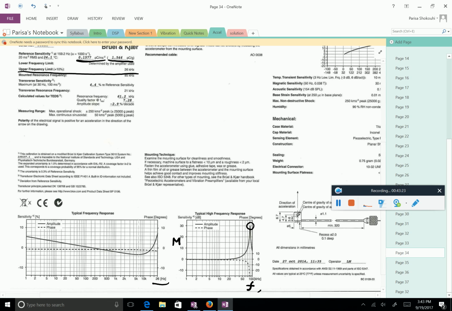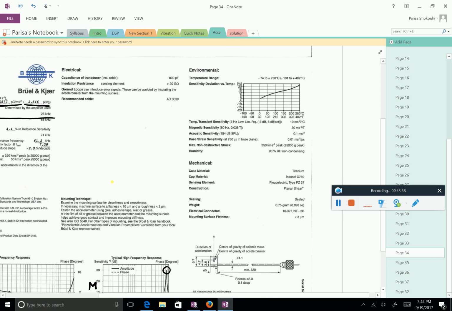The sensitivity is equal to 1 if you pay close attention at this point, which is about 150 hertz. So if you are doing a very sensitive measurement and you are not at 150 hertz, you have to correct for that. But we typically don't for our measurements. The changes are not that dramatic. What else?